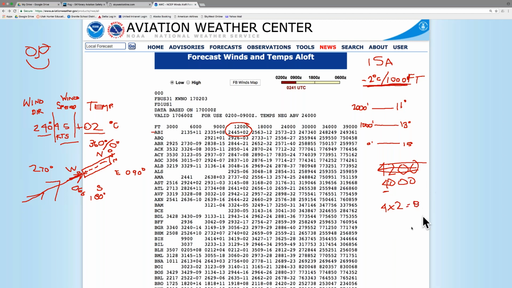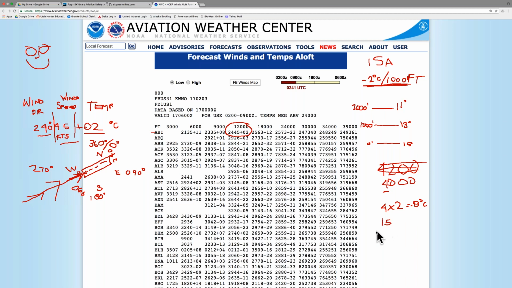Right, 8. So that means that if we were to go from sea level to 4,000 feet, we would lose 8 degrees Celsius. What is our standard temperature at sea level? 15 degrees Celsius.